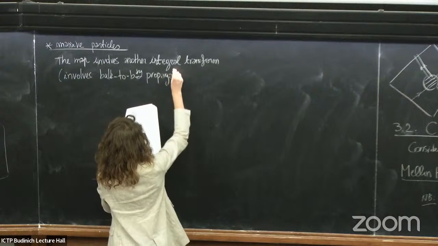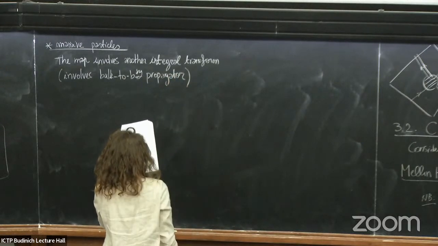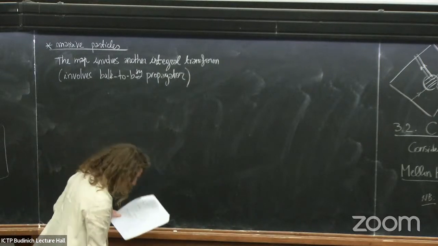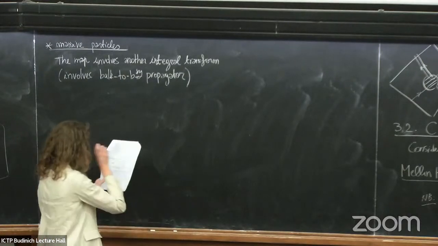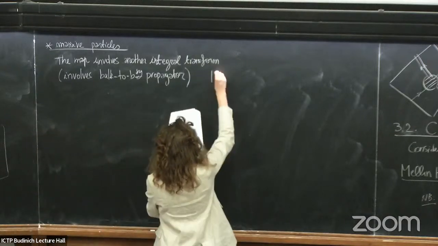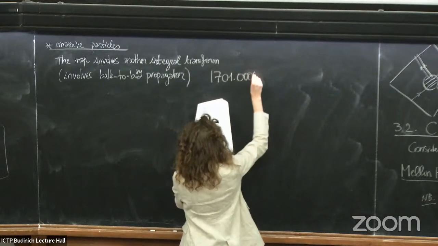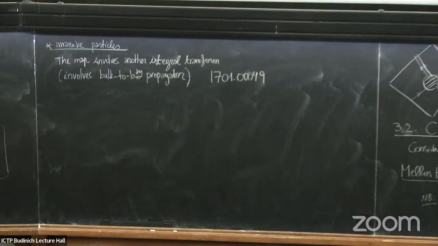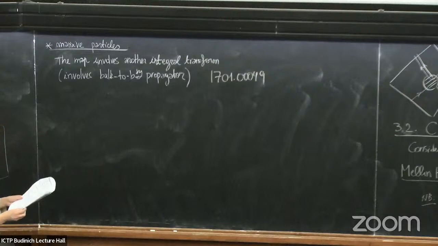So this is just a comment if you're interested in the massive case, which I have to say is much less understood from a celestial holography perspective than the massless case. I'm just writing down the reference for that, if you're interested in looking at how you can obtain celestial amplitudes for massive particles.